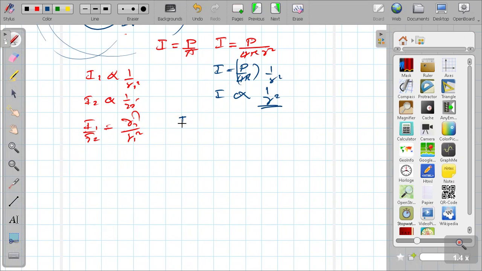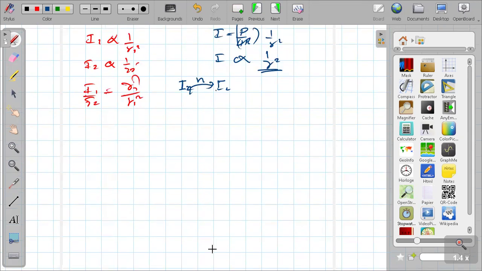Now let me explain the changes of intensity. Intensity is always a product of n times I1.